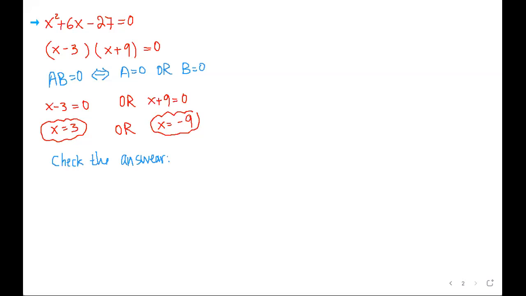Okay, let's do it. Do x equals 3. So my original equation is 3 over x minus 2 over x minus 3 plus 12 over x squared minus 9 equals 0.